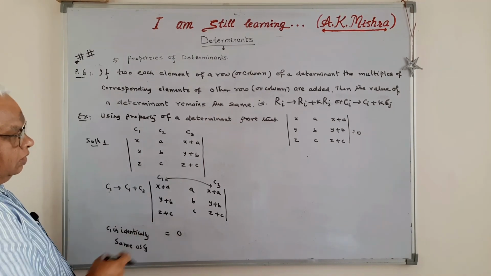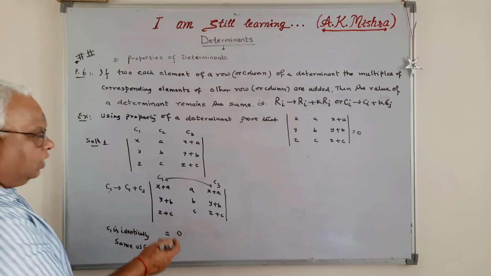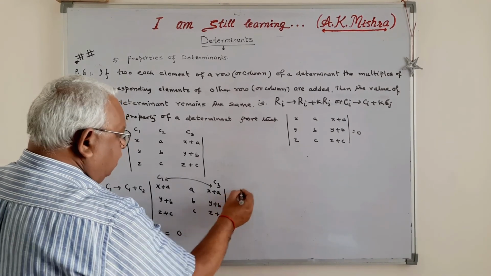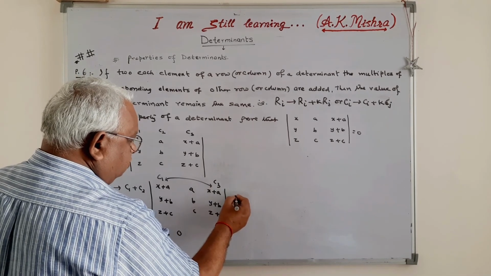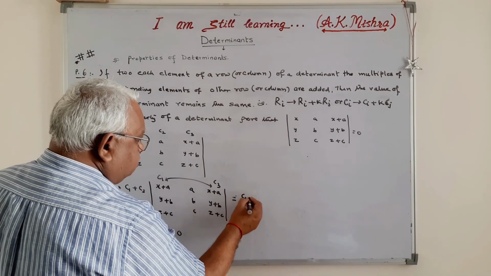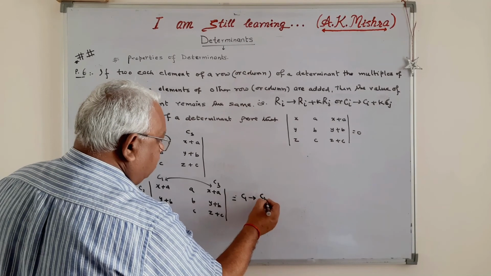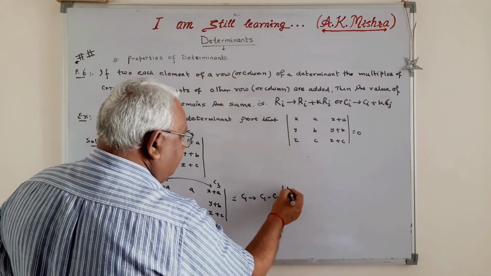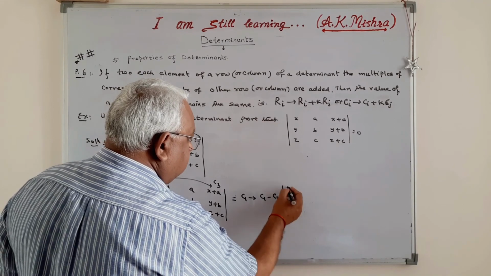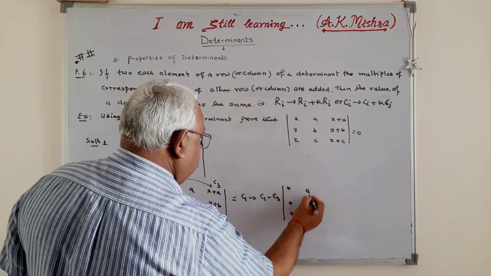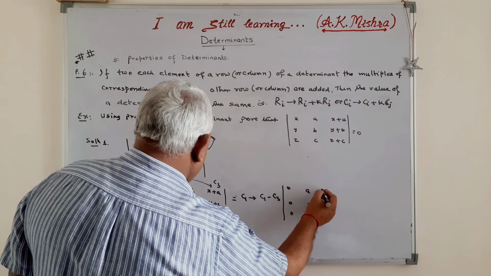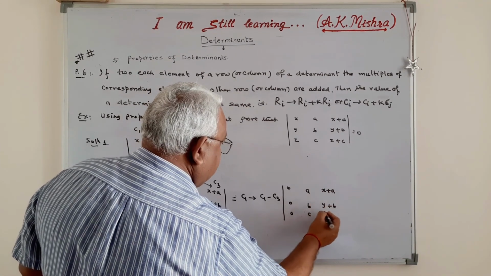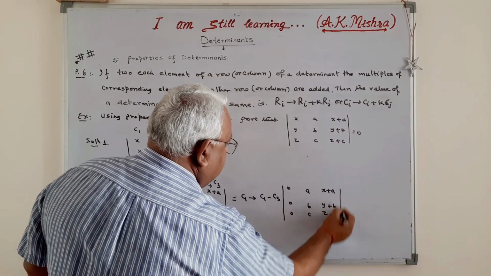All right. You can do another operation here. After this, you can write C1 changes to C1 minus C3. So it will become 0, 0, 0, A, B, C, X plus A, Y plus B, Z plus C. You can do it any way.